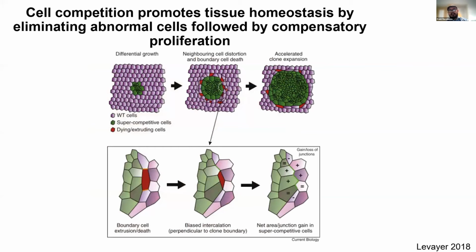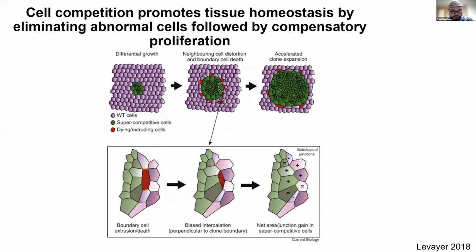And one mechanism that really encapsulates this coordinated regulation quite elegantly is cell competition. Now, cell competition is a way for a collective of cells to eliminate hypoplastic or abnormal cells while allowing for a steady state or homeostasis to be maintained via compensatory proliferation.